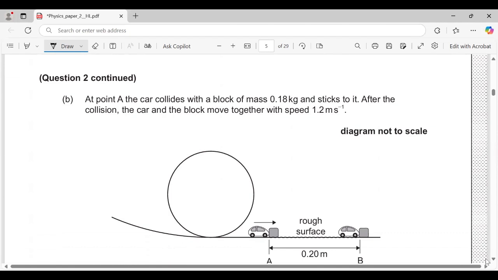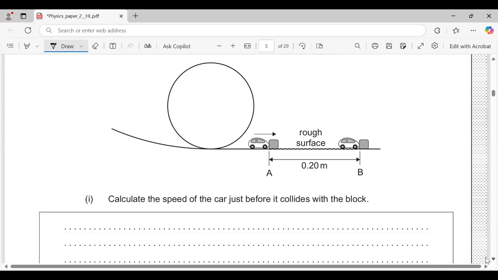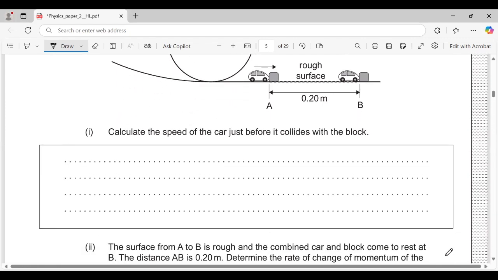At point A, the car collides with a block of mass 0.18 kilograms and sticks to it. After the collision, the car and the block move together with speed 1.2 meters per second. Calculate the speed of the car just before it collides with the block.